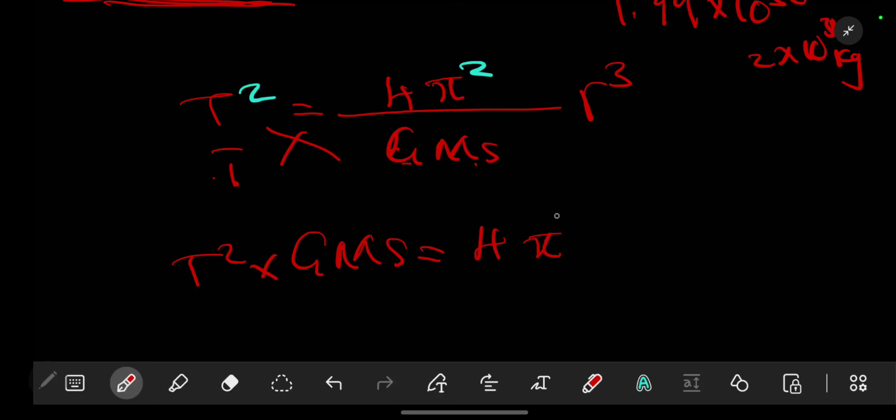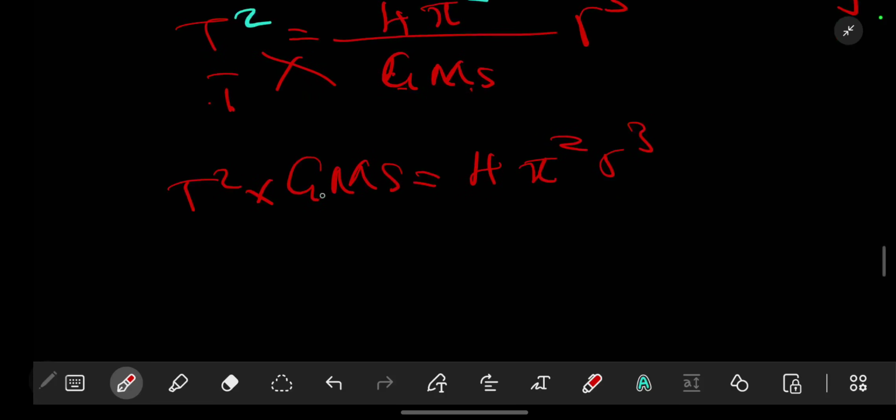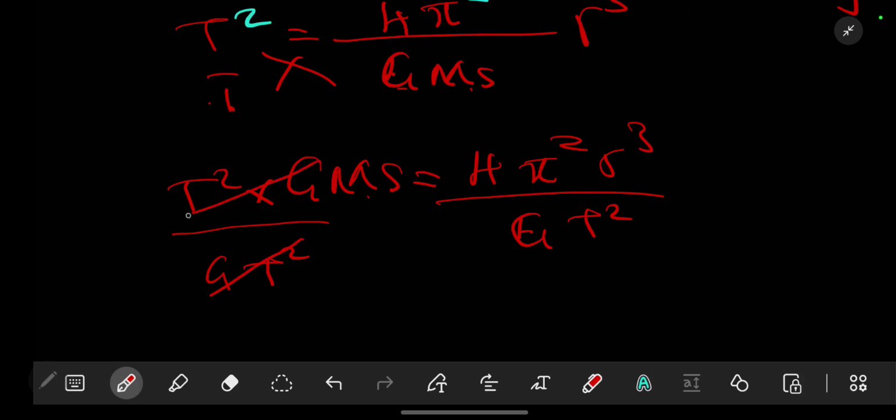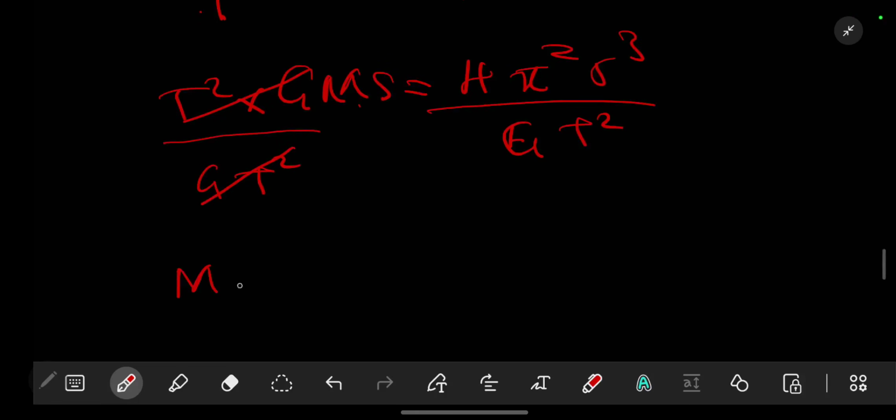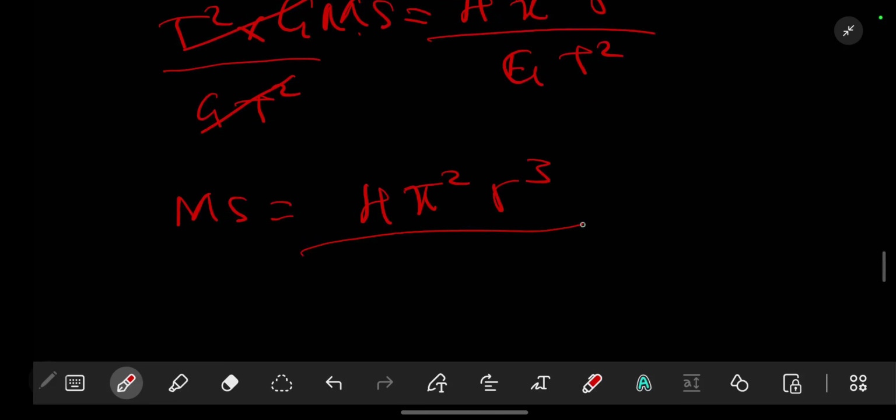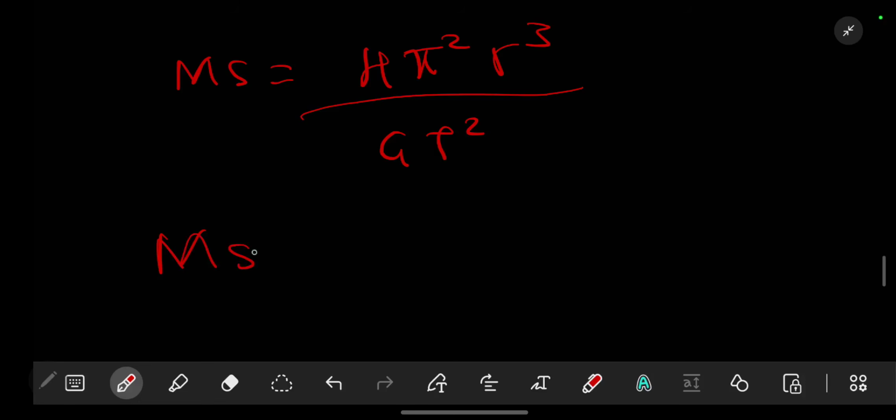Then we make MS the subject of the formula, dividing by GT squared on both sides. So MS is equal to 4 pi squared r cubed over GT squared.